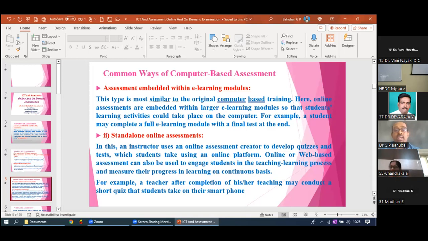Assessment embedded within e-learning modules is most similar to the original computer-based training.